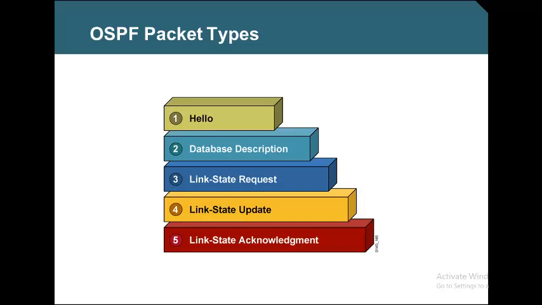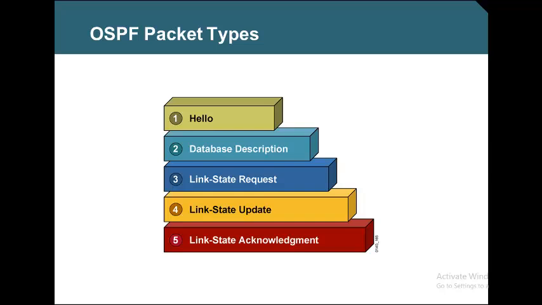OSPF packet type 4 means it is always link state update. Do we need to know this? Yes. If you are troubleshooting in the debugs, you will find this number.